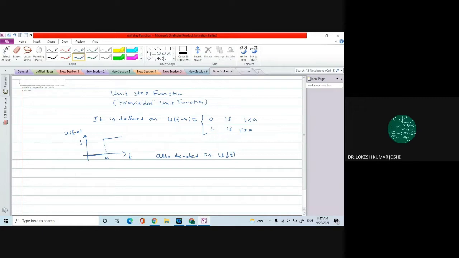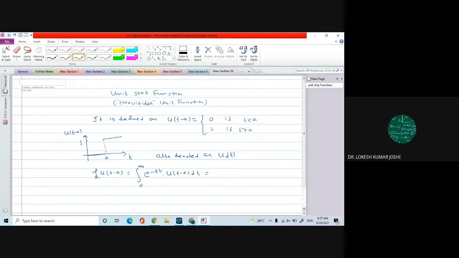Now, if we find the Laplace transform of this function, the Laplace of u(t minus a) will be, from the definition of Laplace transform, the integral from 0 to infinity of e to the power minus st into u(t minus a) dt.